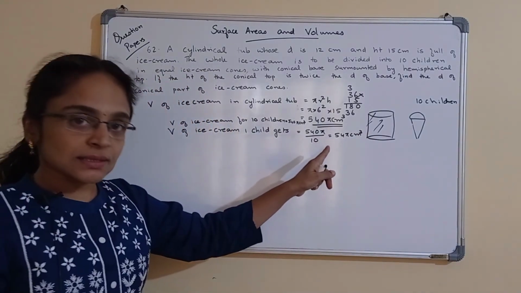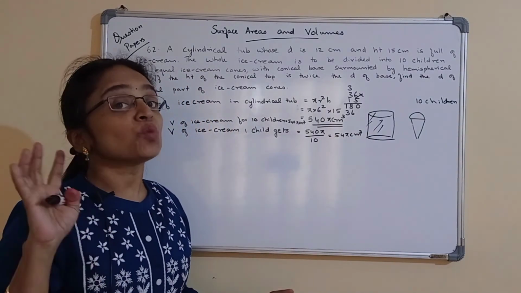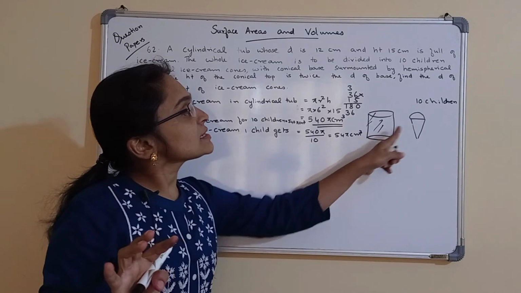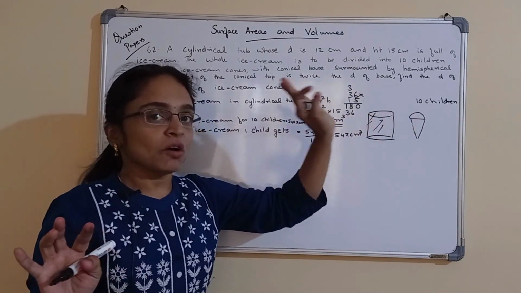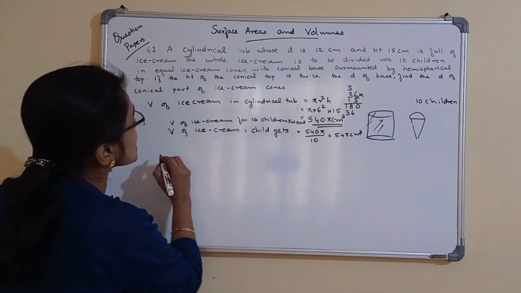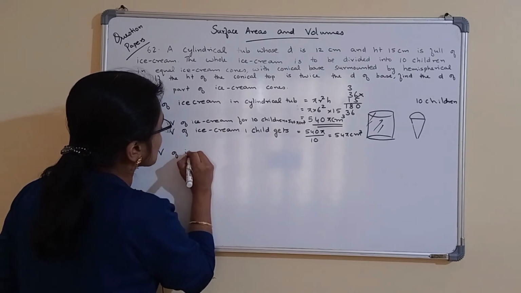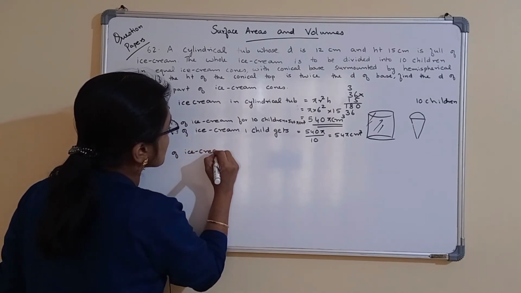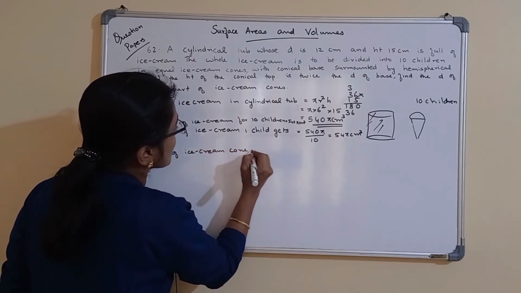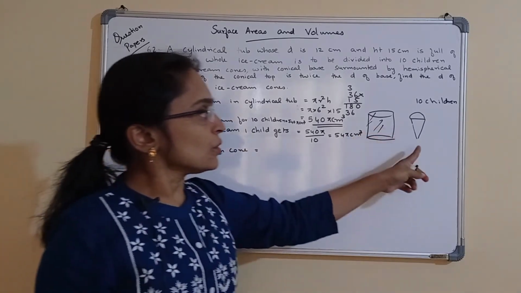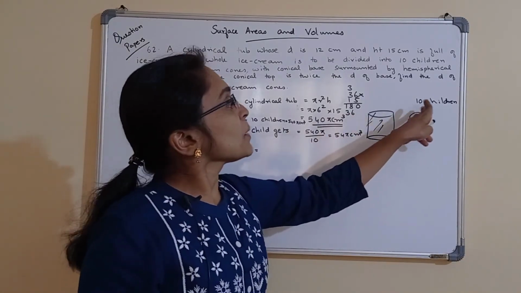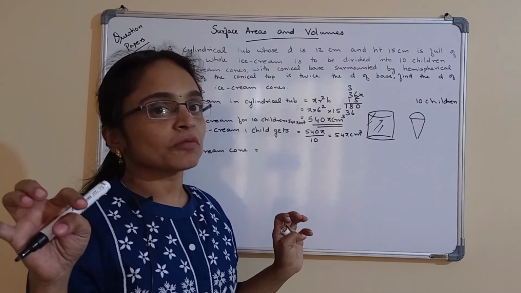So this is the volume of ice cream that one child gets, and it is equal to this volume of ice cream cone. And what is volume of ice cream cone? It is said that there is a cone and a hemisphere is surmounted on top of the cone.